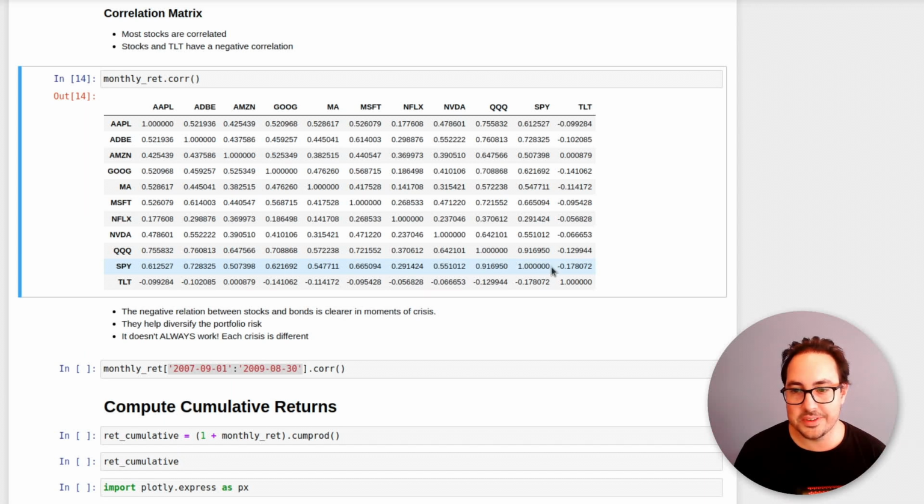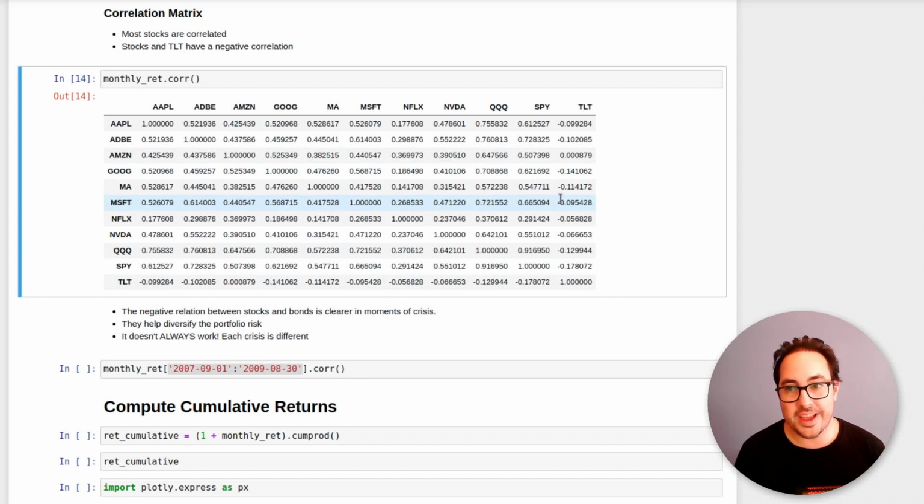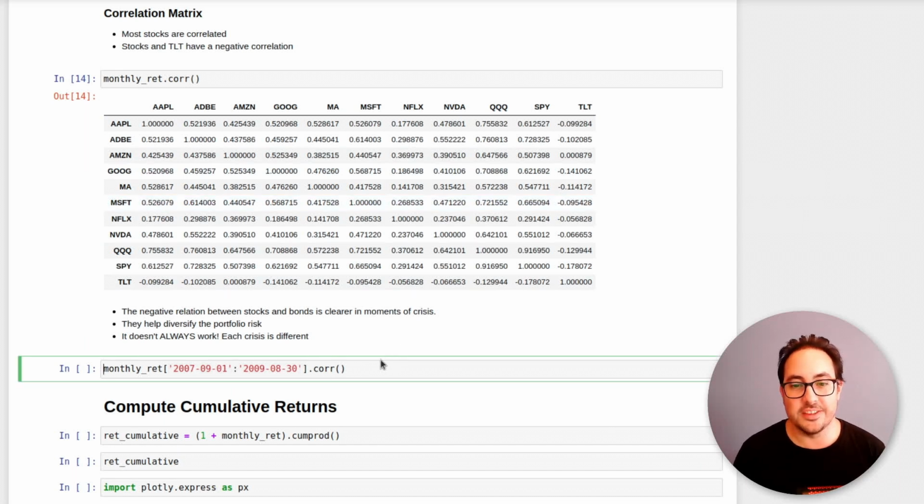They have some stocks in common, so it makes sense. But it's negatively correlated with TLT. That means that when stocks go up, the bonds go down. And that's what you would expect based on what happened in history. In the recent crisis, it didn't happen that much. So you have to be careful how much you bet on these relations.